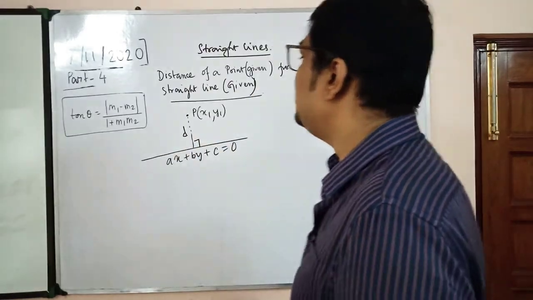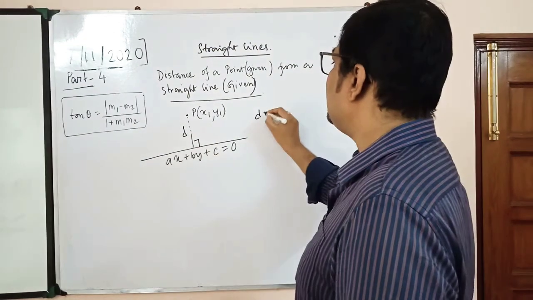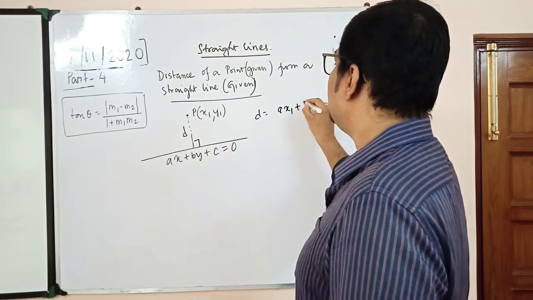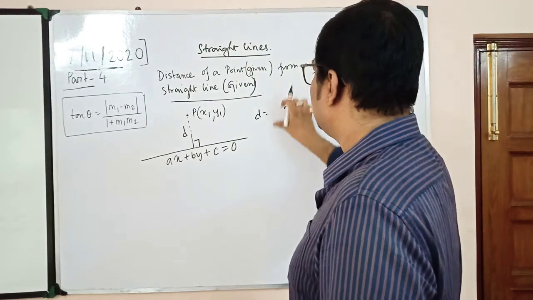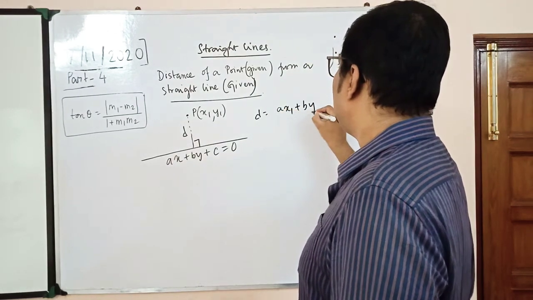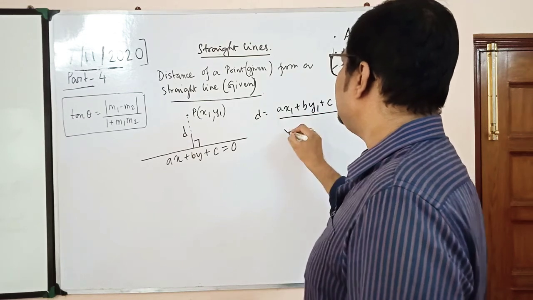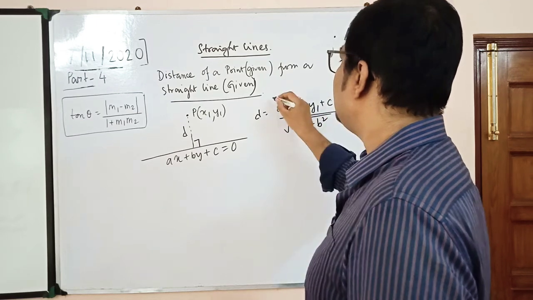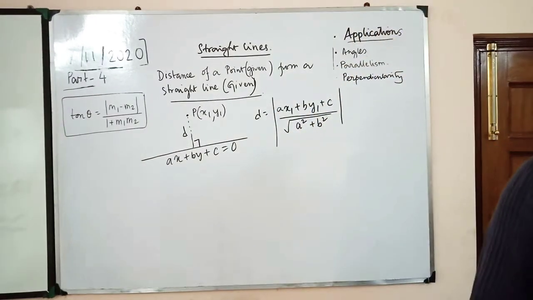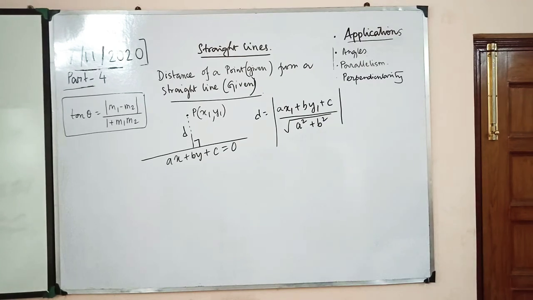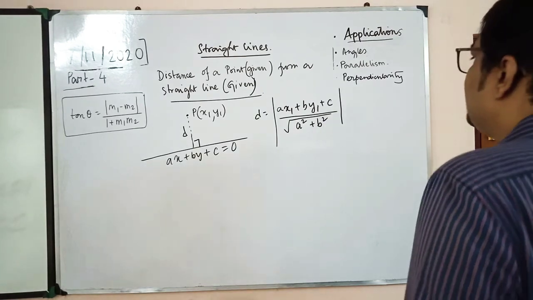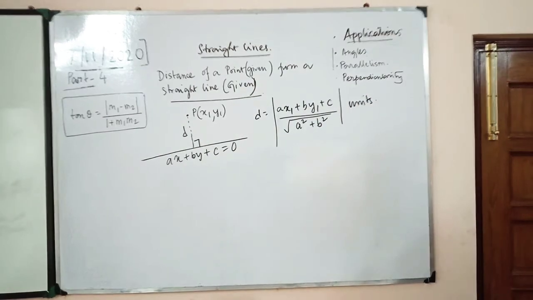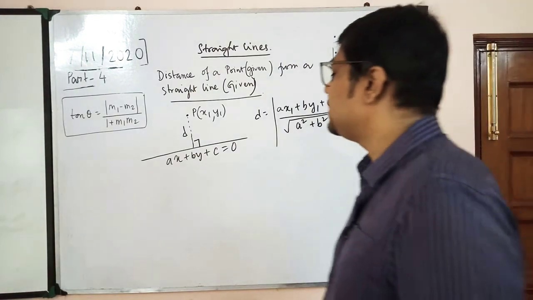So if this distance is small d, then d will be equal to the modulus of ax1 plus by1 plus c divided by root over a square plus b square. Why under mod? Because under any situation distance cannot be negative. So ax1 plus by1 plus c, and definitely this is in units. So this is the distance of a point given from a straight line.